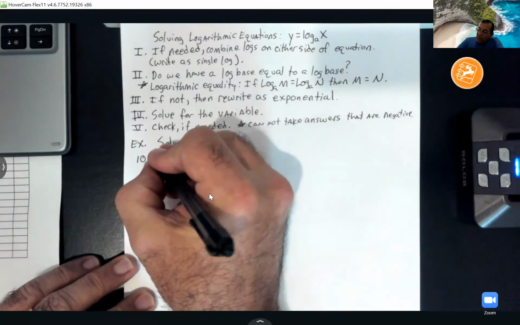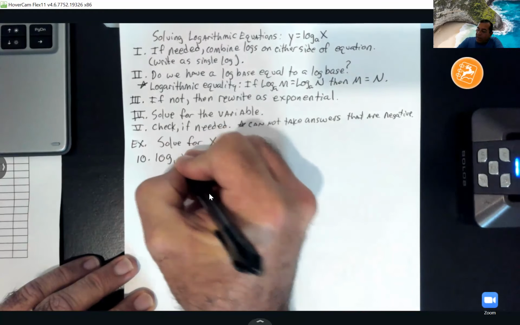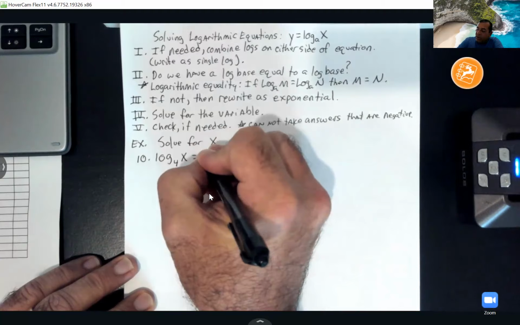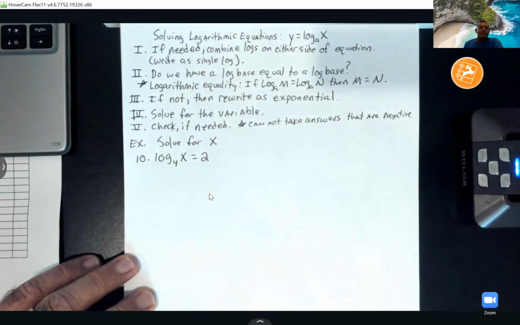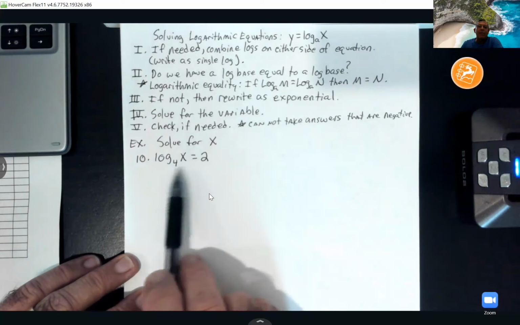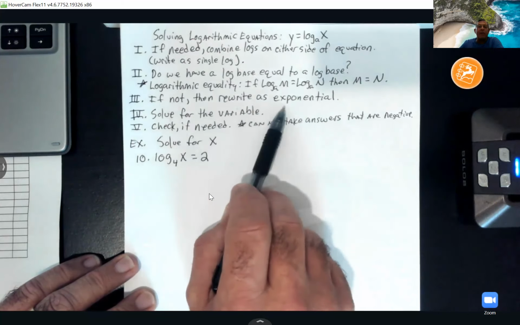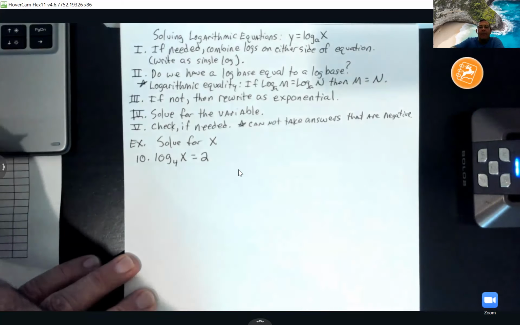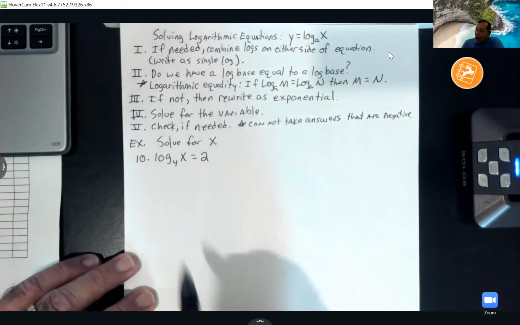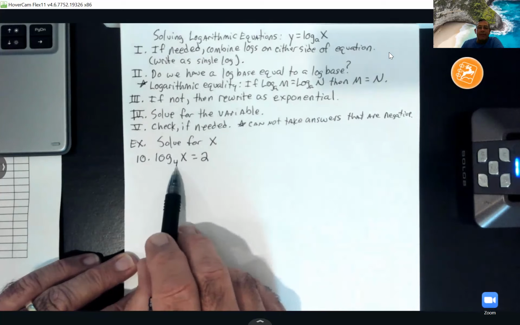So I'm going to start out with log base 4 of x equals 2. I don't have but one log, so I can't combine logs on either side. I don't have a log equal to a log. So I'm down to this step that says rewrite as exponential. So the base is the 4.